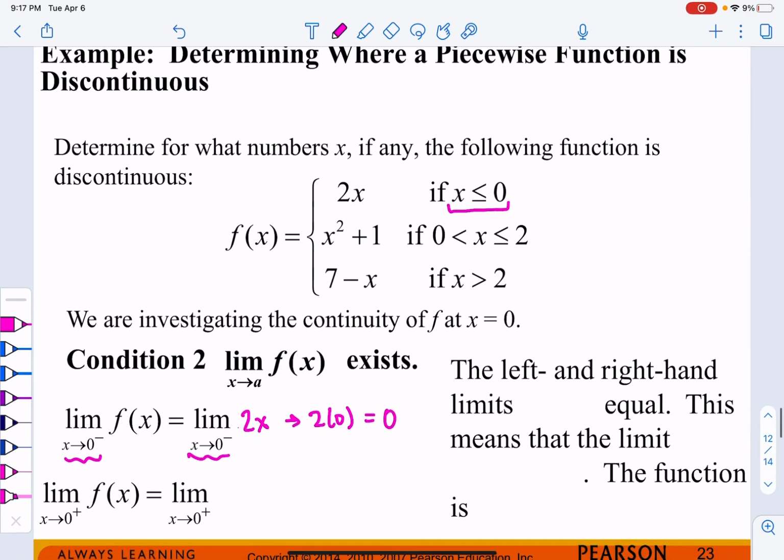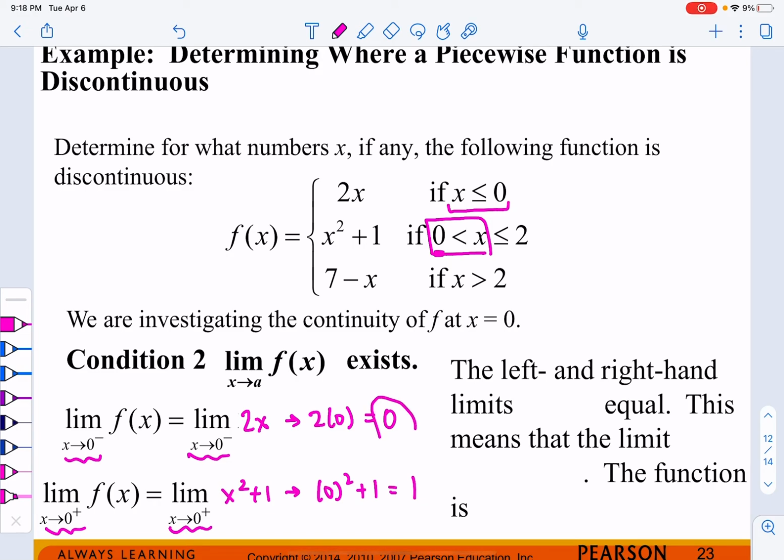And then if I evaluate it from the right, the positive, that means from 0, I now need this piece. So I'm going to evaluate that x squared plus 1, which means I'm going to have 0 squared plus 1, which gives me 1.